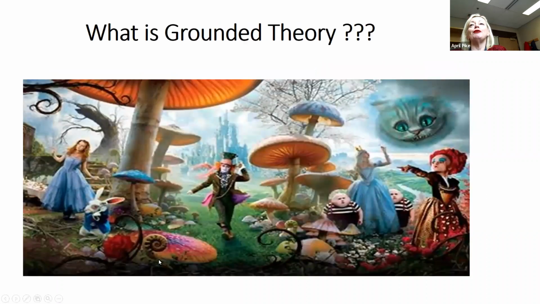So what is grounded theory? I generally start off, I'm a bit whimsical in nature. Think about Alice in Wonderland: she fell down a rabbit hole and went through all these diverse experiences. Along her journey, she met diverse people and had interactions with diverse objects. Based on her interactions and the relationships she made, she made decisions to get herself out of the situation she was in.